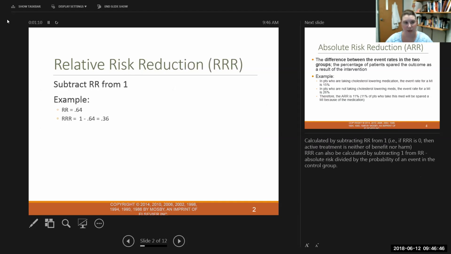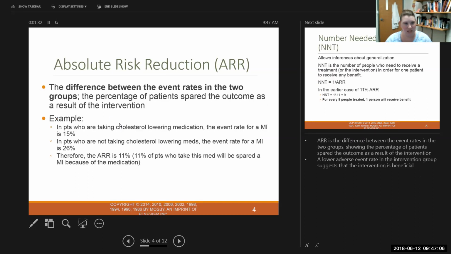The next thing to think about is this idea of relative risk reduction, which is another calculation. Basically here, if our whole subset is 1, then our relative risk reduction is 0.36. We also look at absolute risk reduction, the difference between the event rates in the two groups.